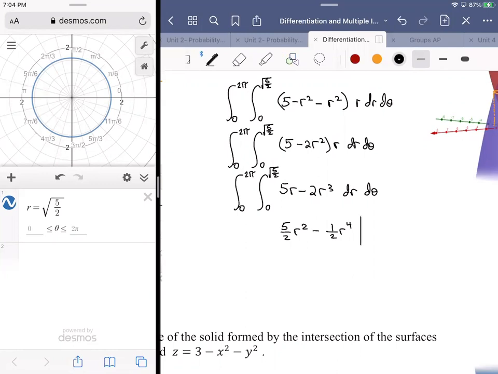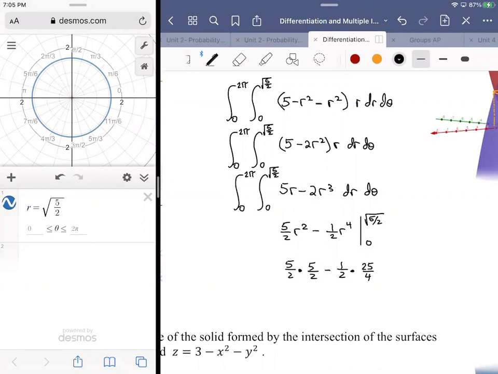And that's going from 0 to root 5 over 2. And computationally, it's not terrible. So 5/2 times the square root of 5/2 squared is 5/2, minus 1/2. The square root of 5/2 to the fourth, 5/2 squared again, is 25/4.